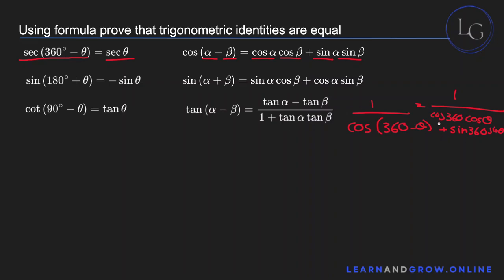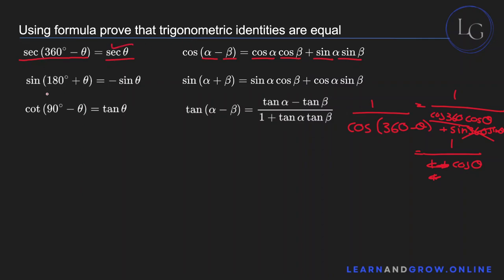Okay, so again, cos 360 is equal to positive 1, so that becomes cos theta, and sine 360 is equal to 0, so you can cancel this entire term out. So eventually you're just left with 1 over cos theta, which is secant theta, and that's what you have here.